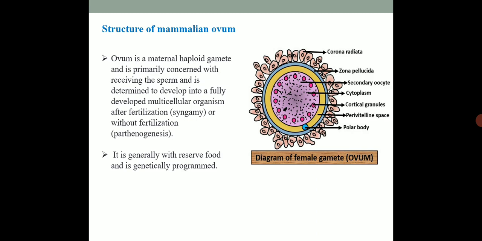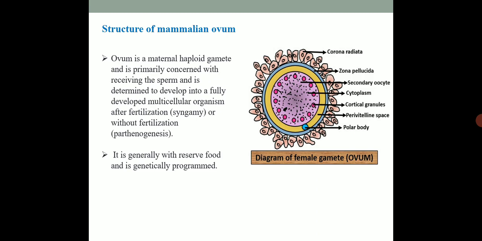Here you already know that the ovum is the maternal haploid gamete and it is primarily concerned with receiving the sperm, and it is determined to develop into a fully developed multicellular organism after fertilization, or it can happen without fertilization, what you commonly call parthenogenesis.